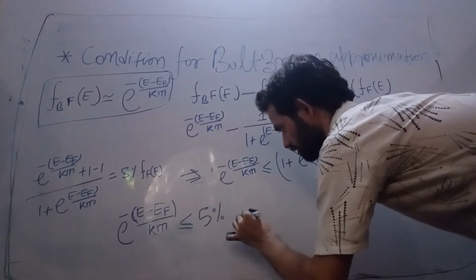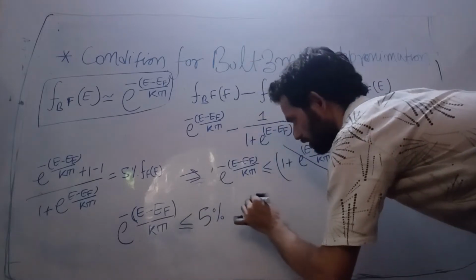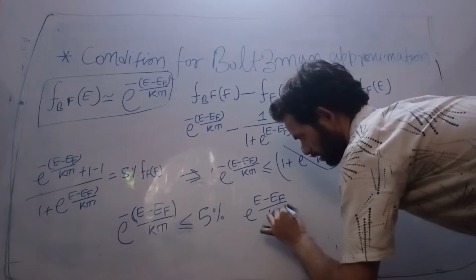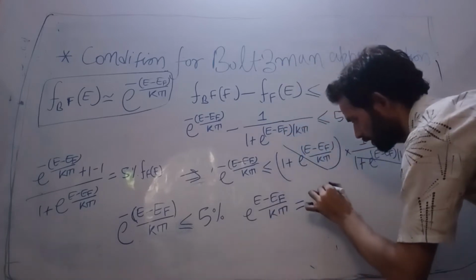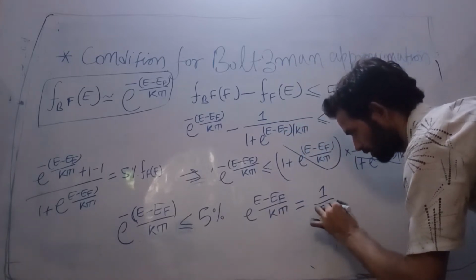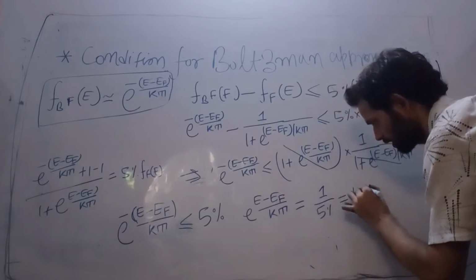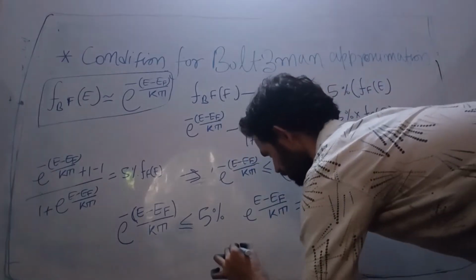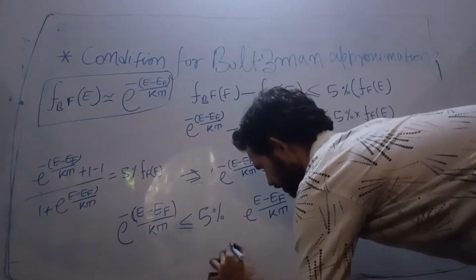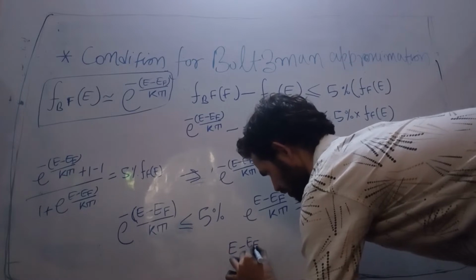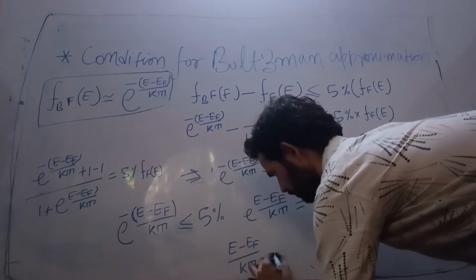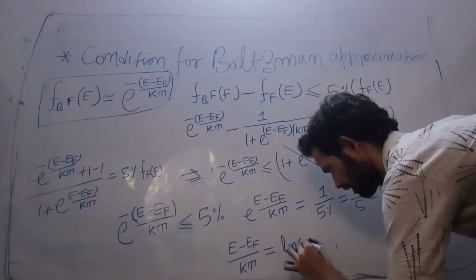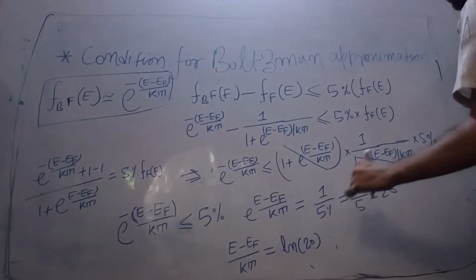Now let us take this to the other side. e to the power (E minus EF) by kT is equal to 1 by 5%, which is nothing but 100 by 5, which is 20. So (E minus EF) by kT is equal to ln 20.